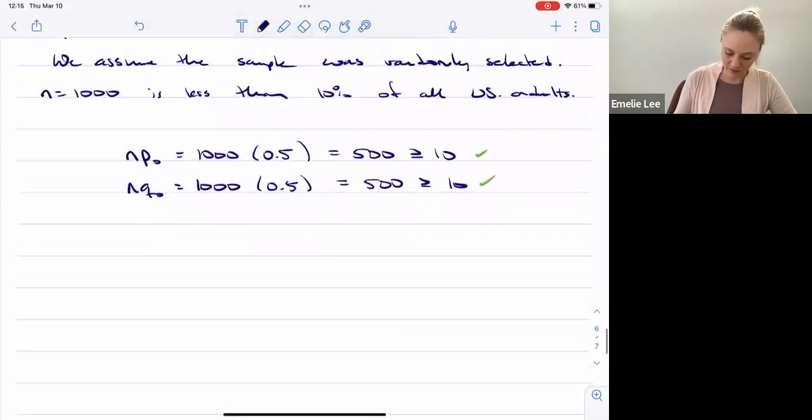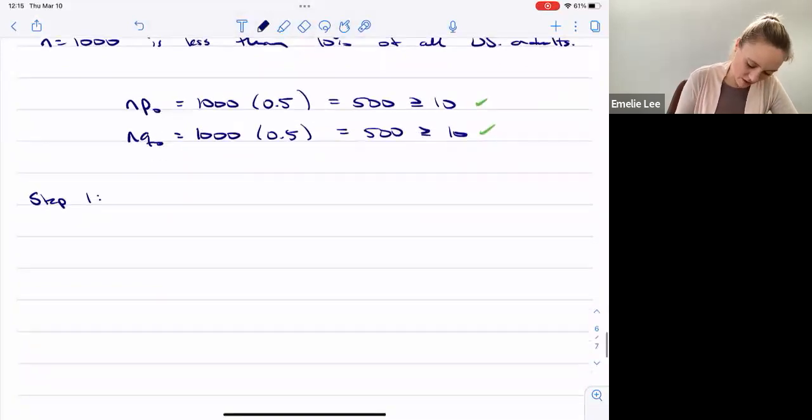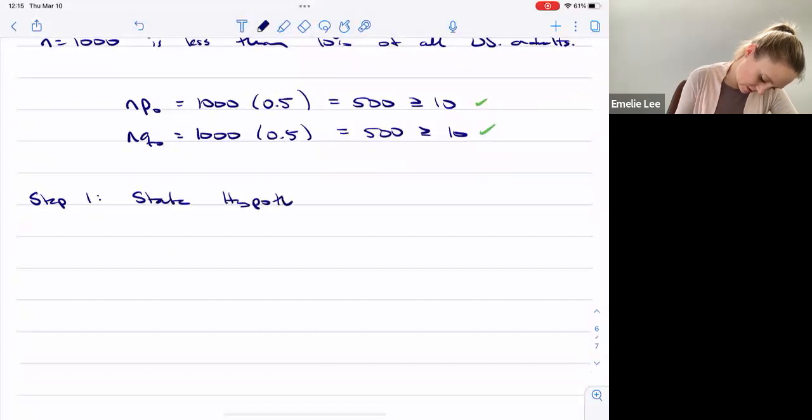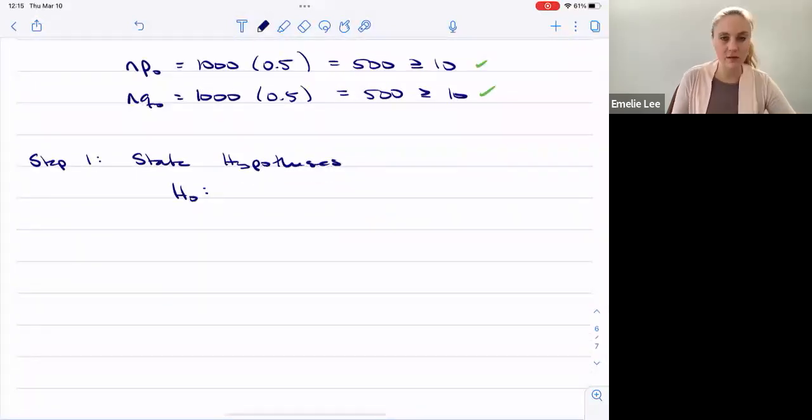So now I'm ready for step 1, which is to state the hypotheses. I've already informally stated the null hypothesis is that p is equal to 0.5.